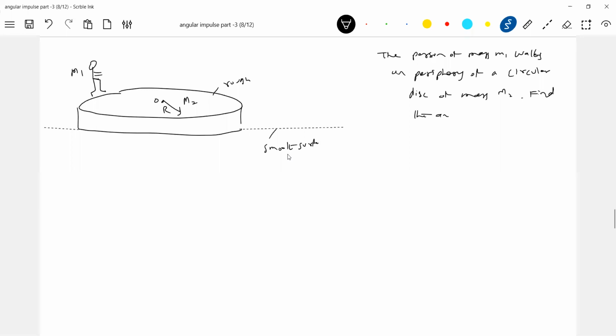Find the angular displacement of the disk when the person moves.